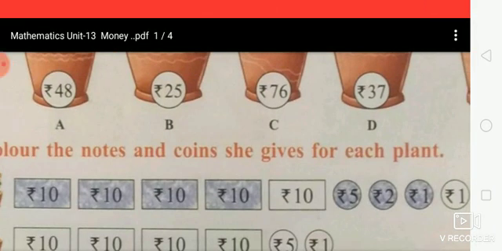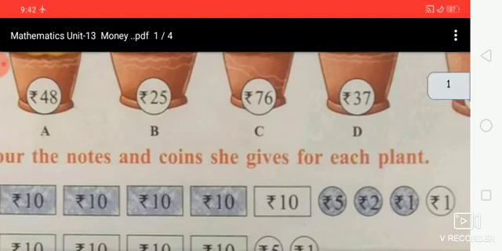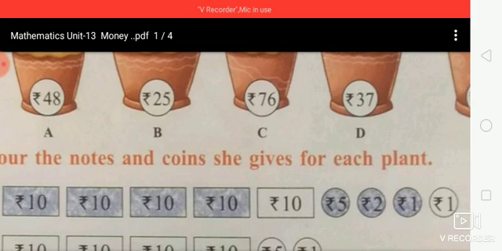Okay students, do you know there are two types of money: notes and coins. Coins are 1 rupee, 2 rupees and 5 rupees. Notes are 10 rupees, 20 rupees, 50 rupees, 100 rupees, 200 rupees, 500, 2000, and so on.